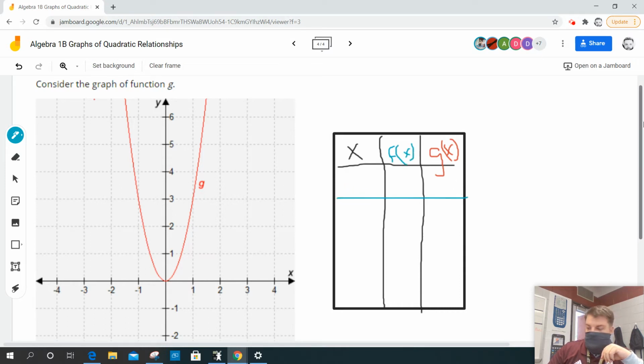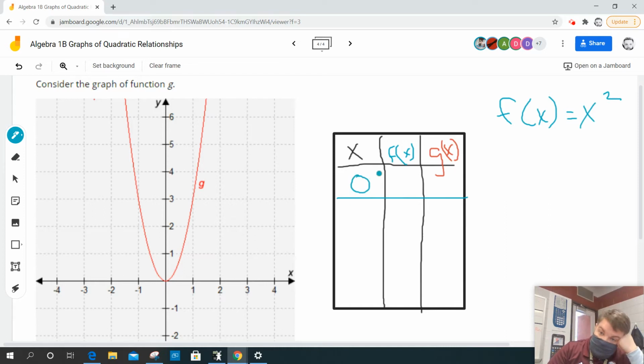So what is f of x? F of x is equal to x squared. So when x equals 0, f of 0 is equal to 0 squared. What's 0 squared? 0.